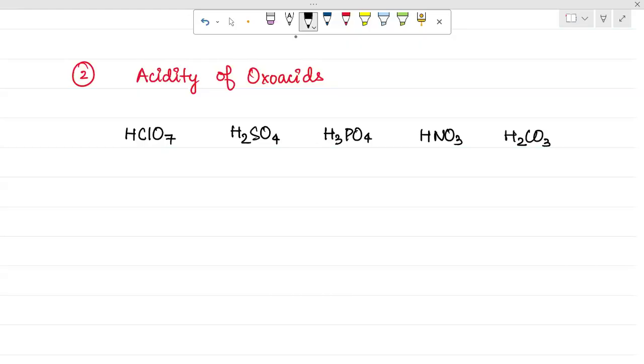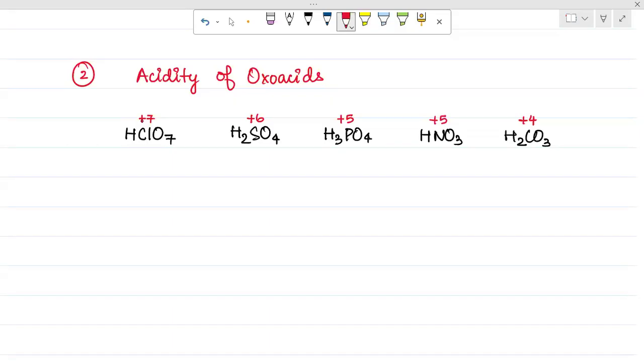Of course, just like the earlier case, let's find the oxidation state first. H will be +1, oxygen will be -2. So you can solve them. This comes out to be 7, 6, 5, 5, 4. Higher the oxidation state, higher will be its tendency to accept electrons.